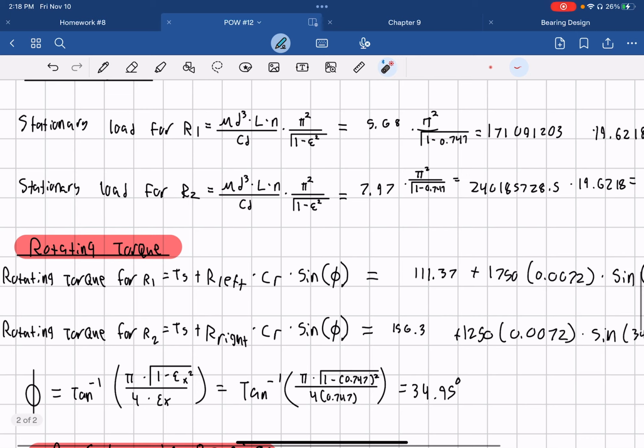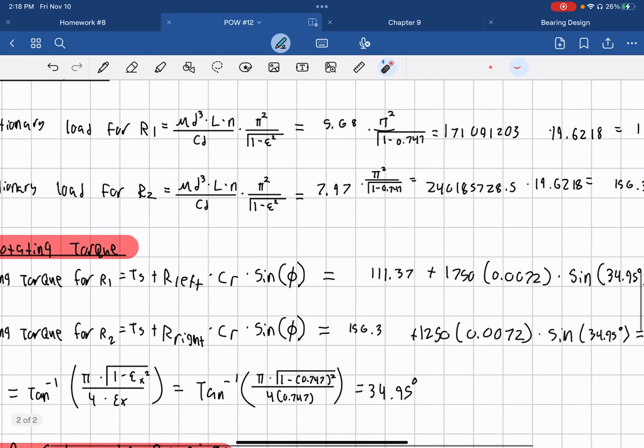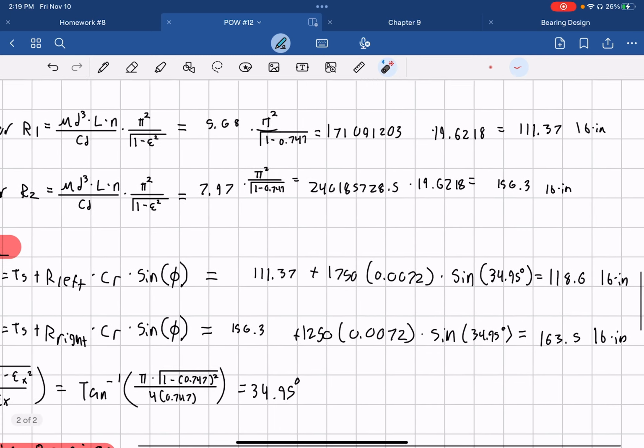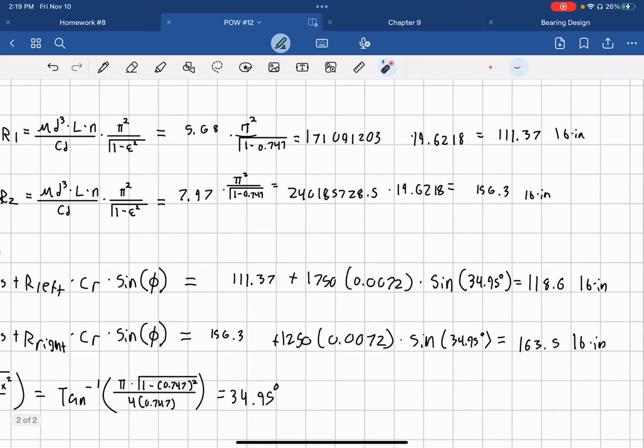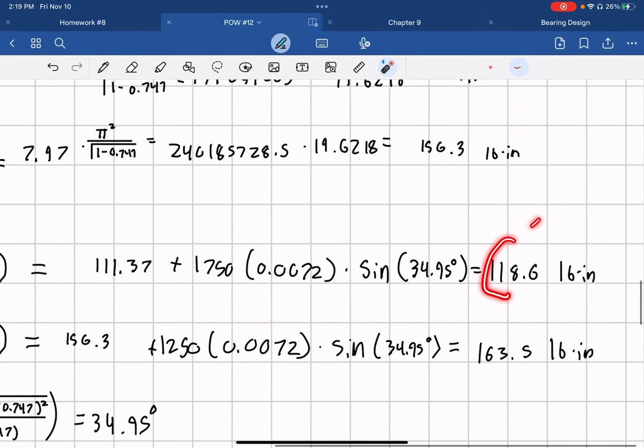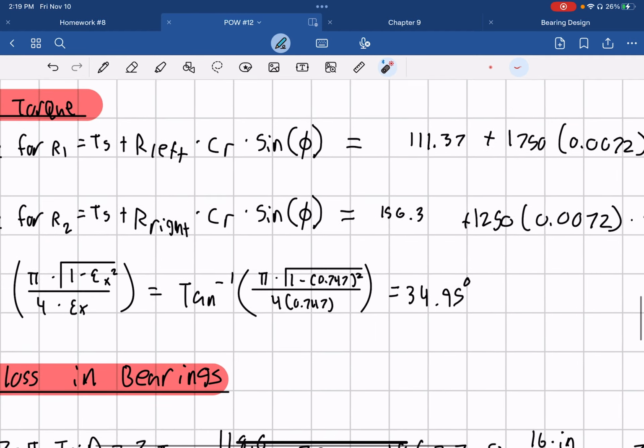Then we need to plug in our stationary torques times the forces from each reactionary force, and then multiply by CR and sine of the angle that we found, and we are able to find that our rotating torques are 118.6 pounds per inch and 163.5 pounds per inch for each respective bearing.